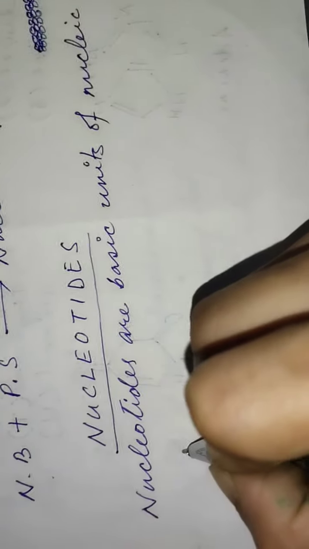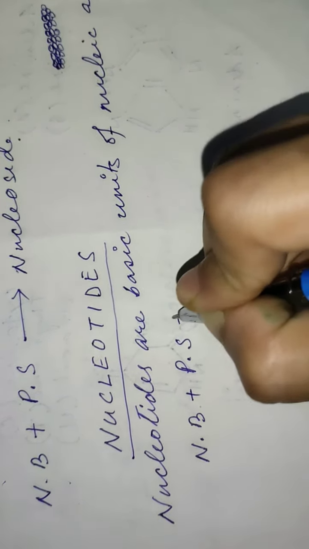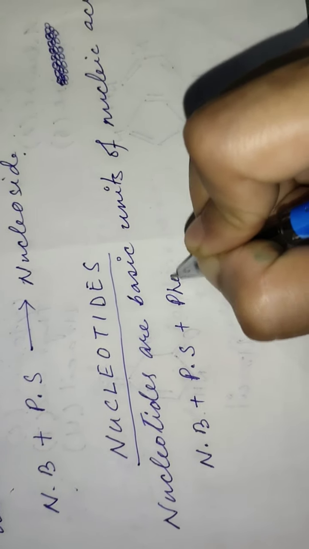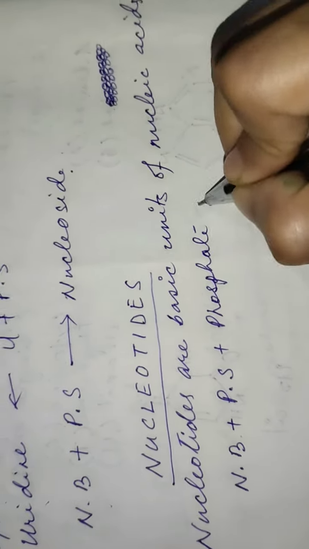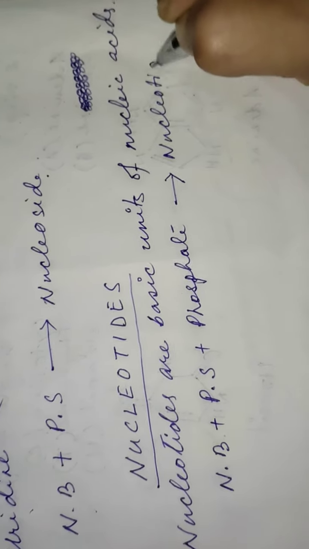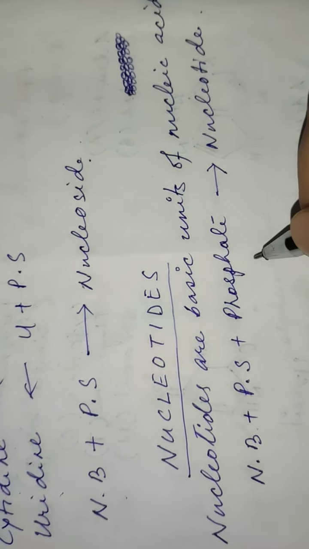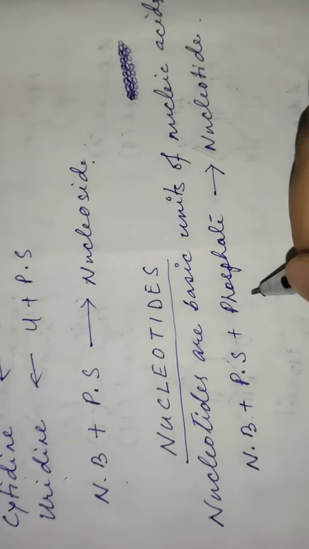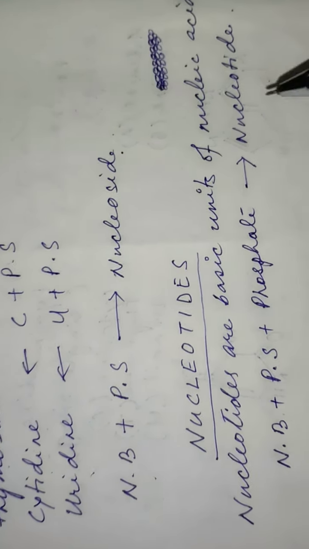So it is composed of nitrogenous base plus pentose sugar plus a phosphate, and it is known as nucleotide. Or in simple words, when a phosphate group is associated or linked with the nucleoside, it is known as nucleotide.